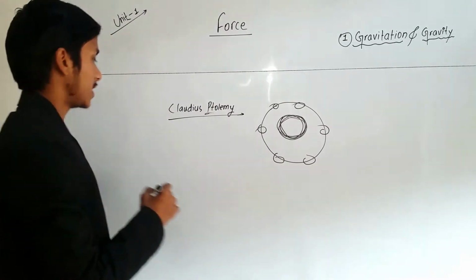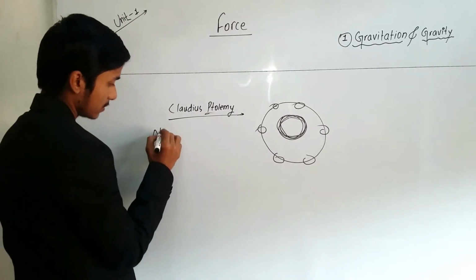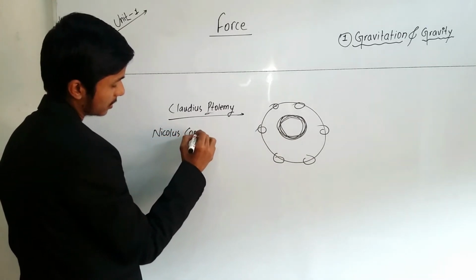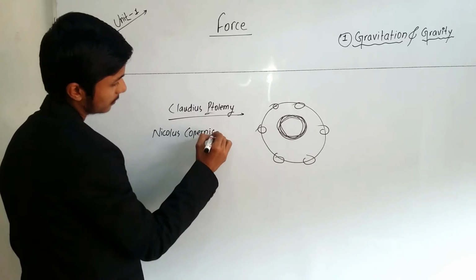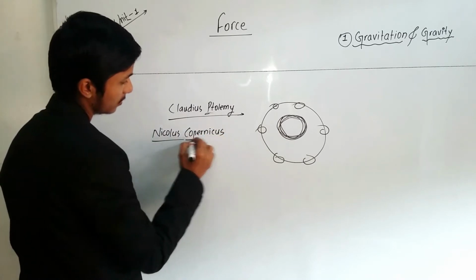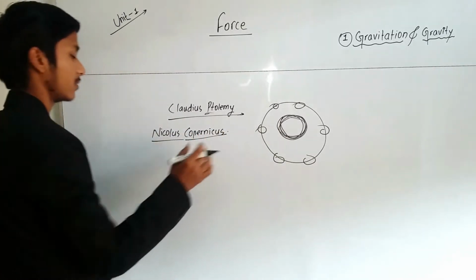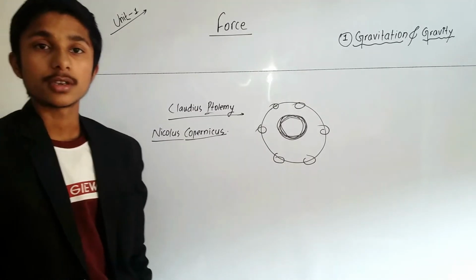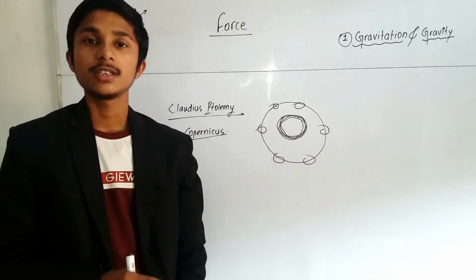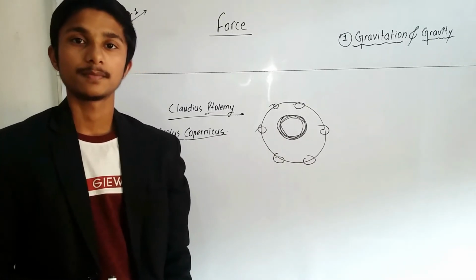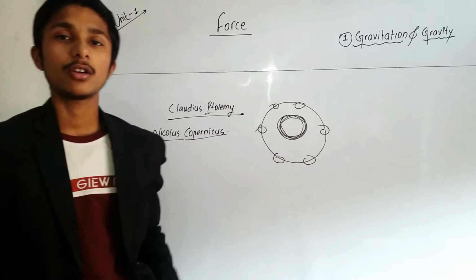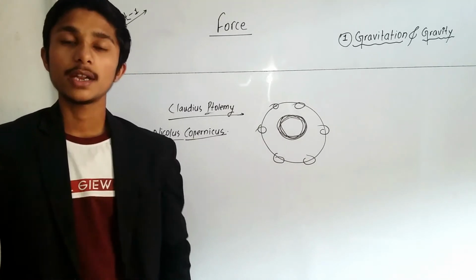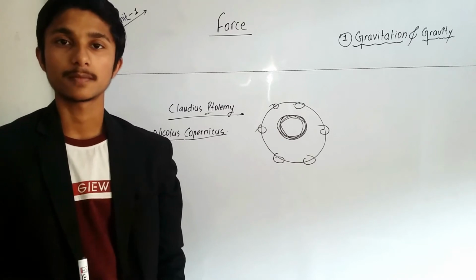Nicolaus Copernicus. The spelling may be wrong, so match it. Nicolaus Copernicus gave the heliocentric theory in the 16th century, and according to this theory, the sun is at the center and every other planet revolves around the sun.